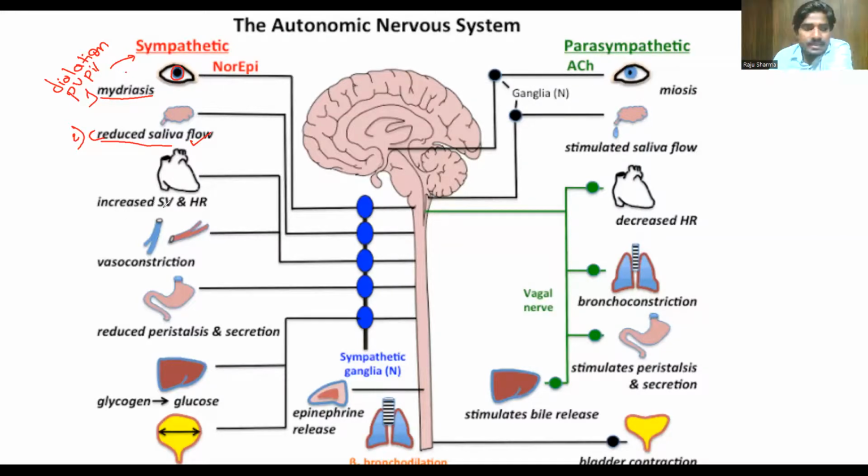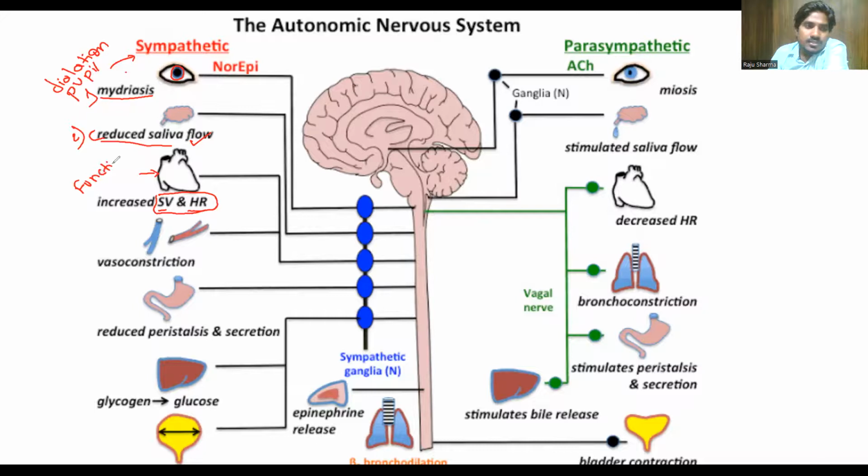Third is what? The increased SV and HR. Okay. So in simple words, I will explain you in detail when we will learn about the body fluids and circulation. But for now, what I can say, in simple words, the functioning of the heart increases. The heartbeat will increase, the stroke volume and all.